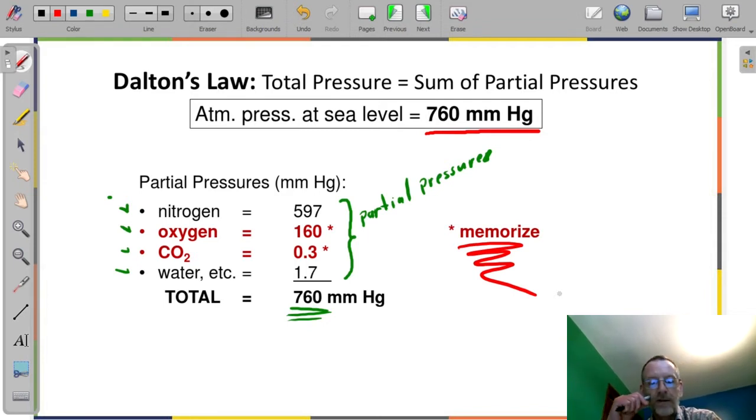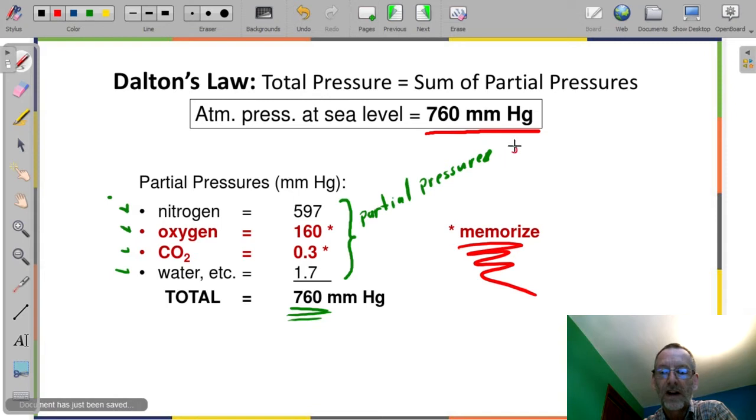If you wanted to figure out what the percentage of nitrogen or oxygen was in the atmosphere, that's pretty straightforward. So what percentage of nitrogen is in the atmosphere? Well, you know that there's 760.